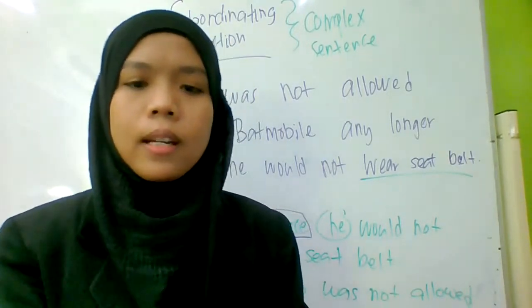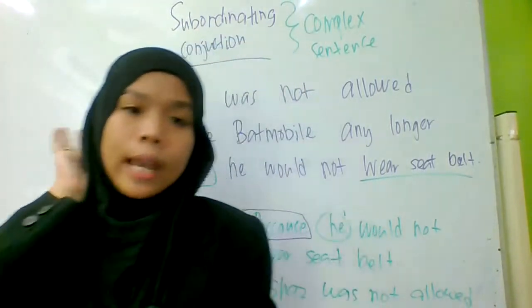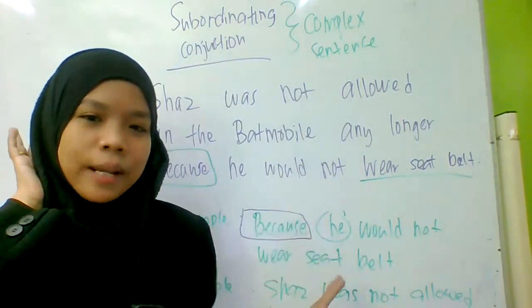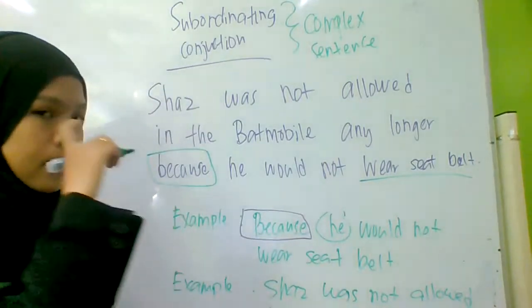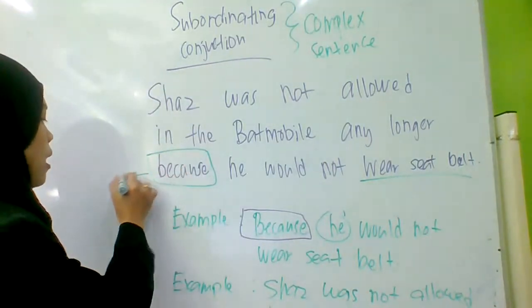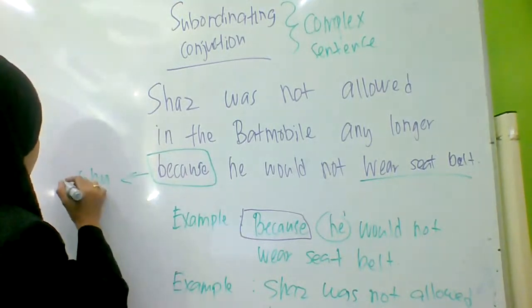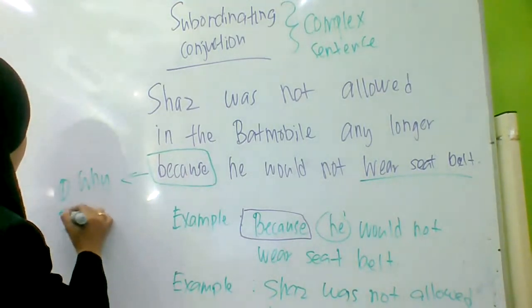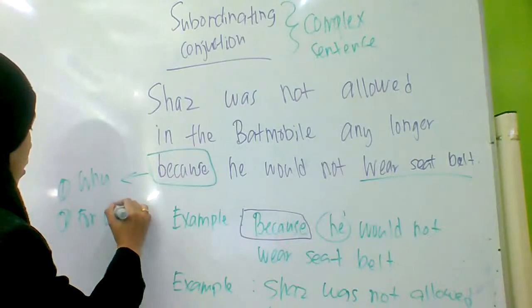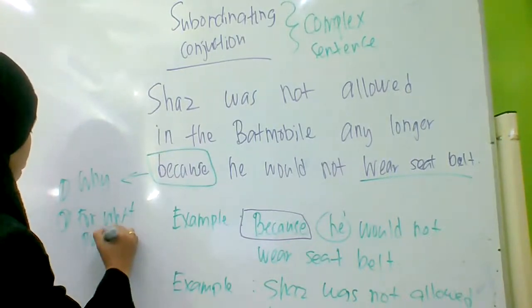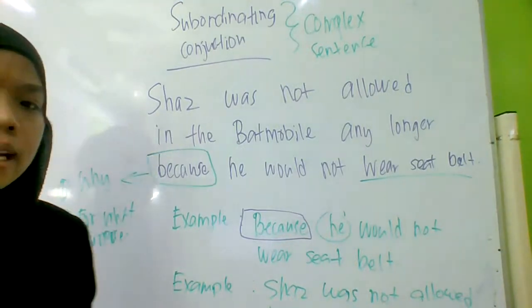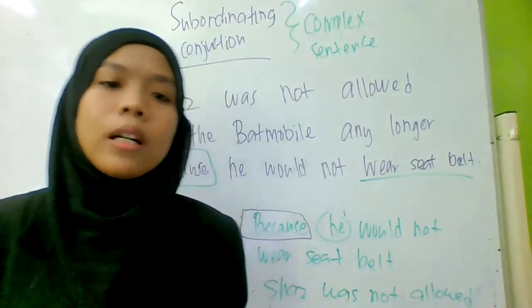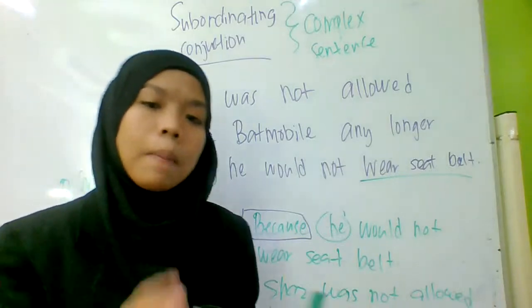Next one. I would like to add more to clarify this. So remember, first, when you use because, it's asking why, and for what purpose? In this sentence, Shaz was not allowed in the Batmobile anymore.